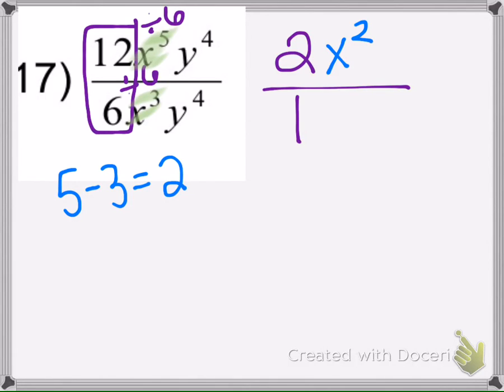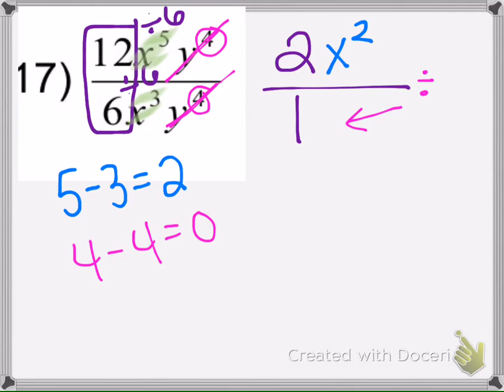And then here we have 4 minus 4. So there's no y's in our answer. They cancel out and make 1. The same thing over the same thing. So this is our answer here. However, when we divide anything by 1, we get itself. So we could just write the answer as 2x to the 2nd power.